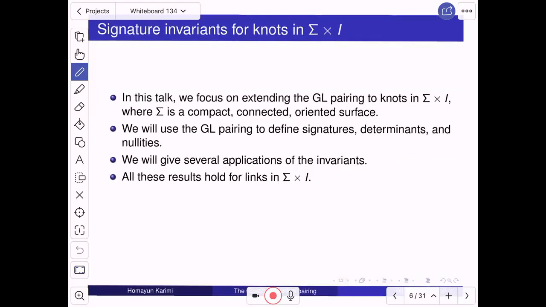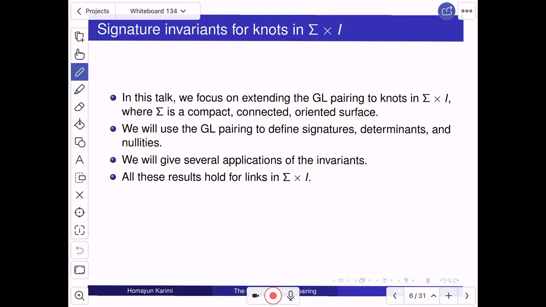Now, we want to generalize this work into the setting of knots inside surfaces. So we start with the surface sigma, which is a compact, connected, and oriented surface. We want to define this GL pairing for knots inside sigma cross I. As a result, we can define signature, determinant, and nullity for these knots.